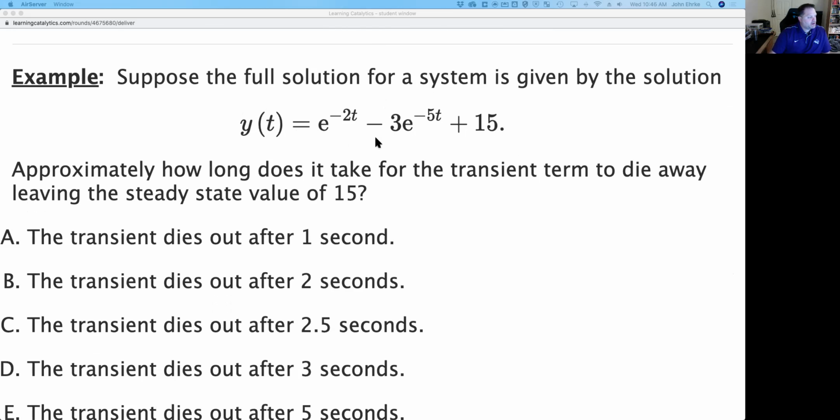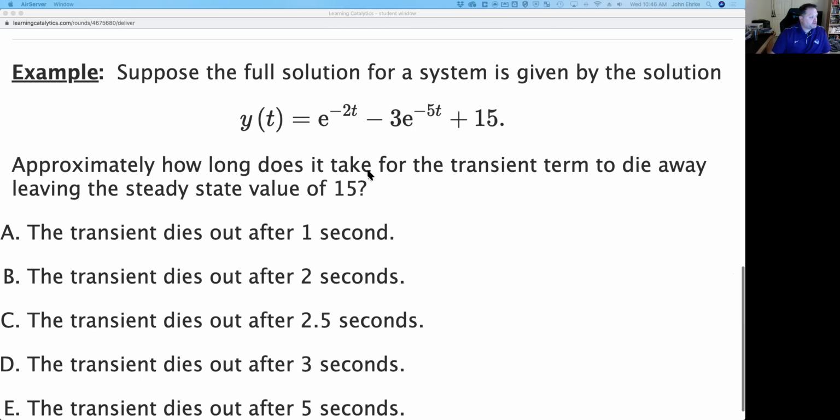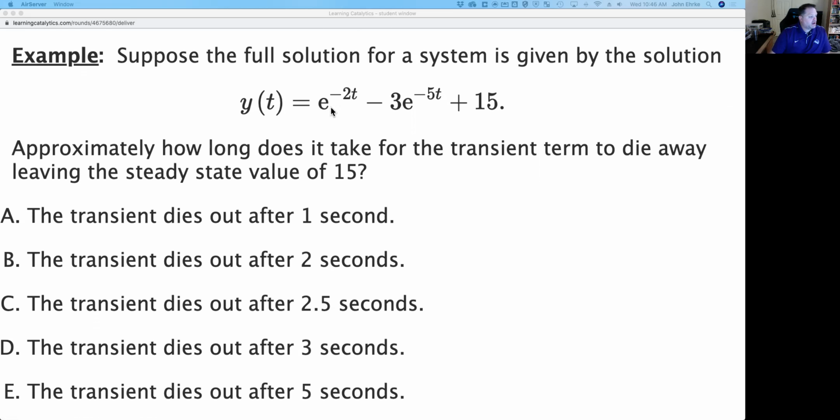So I want you to pause the video here and see if you can figure this out. Use the time constant. Remember, you have to go out to 5 tau. Use the time constant in order to figure out how long it takes for the transients to die away. So 5 tau is that point. So pause the video at this point. And if you haven't paused it yet, just hold on. We're going to take a look at it together.